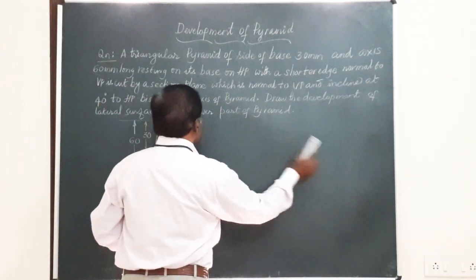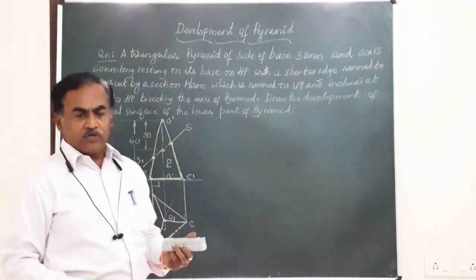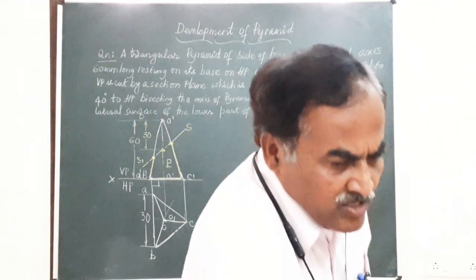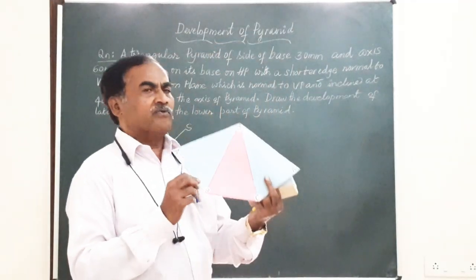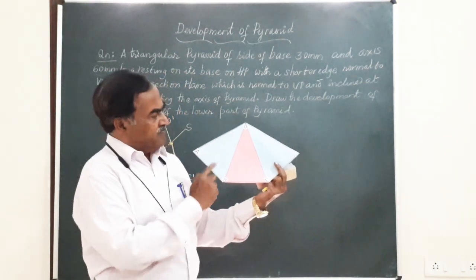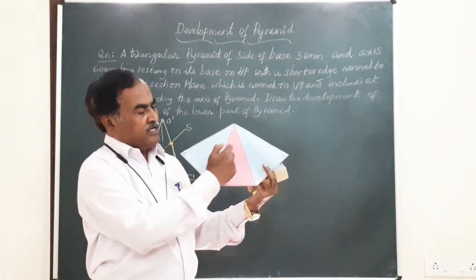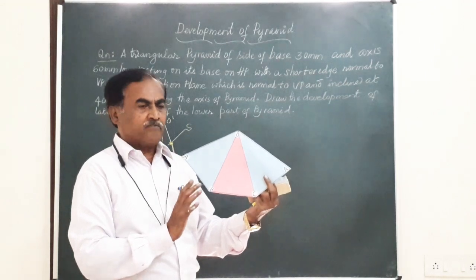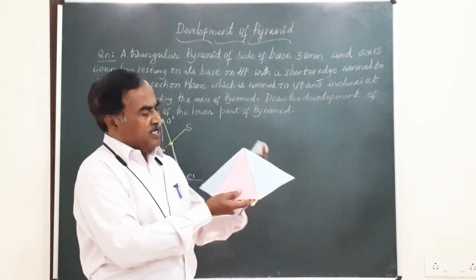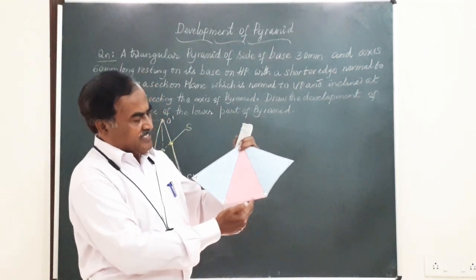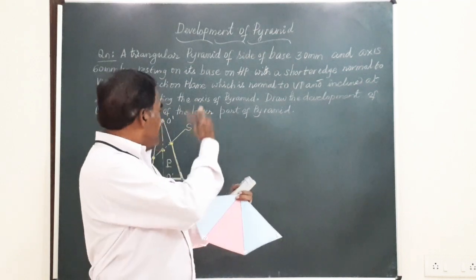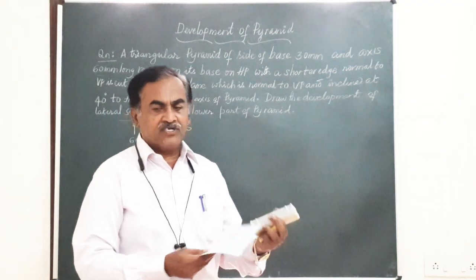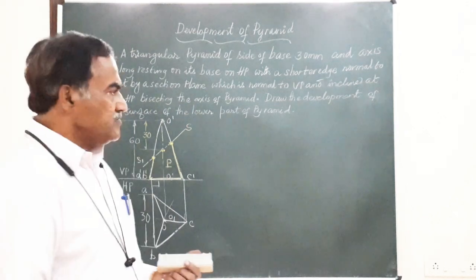So what I do is, now I showed you the development without the section plane. We'll have three triangles like this, represented by OAB, OBC and OCA. So all these are true dimensions, and this is 30, 30, 30. Then let's see how to get the true length of the slant edges in this problem.